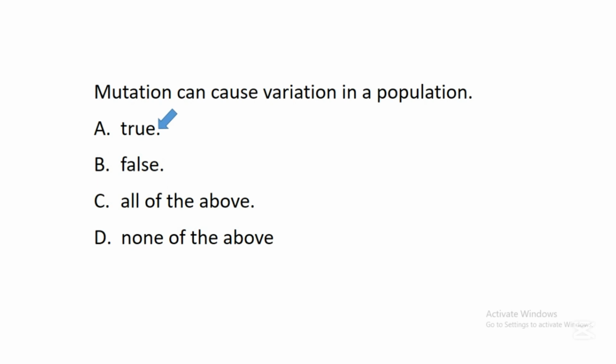So when mutation occurs in a population, it can introduce some traits that are different from the traits found in that organism naturally. So mutation is one of the factors that can cause variation in a population, both in human population and also in plant population.